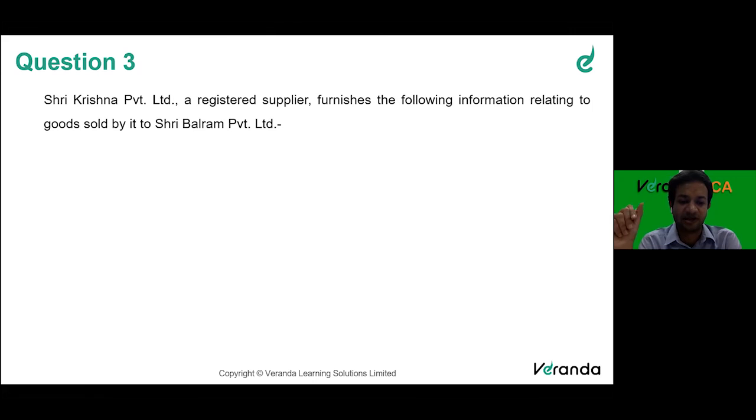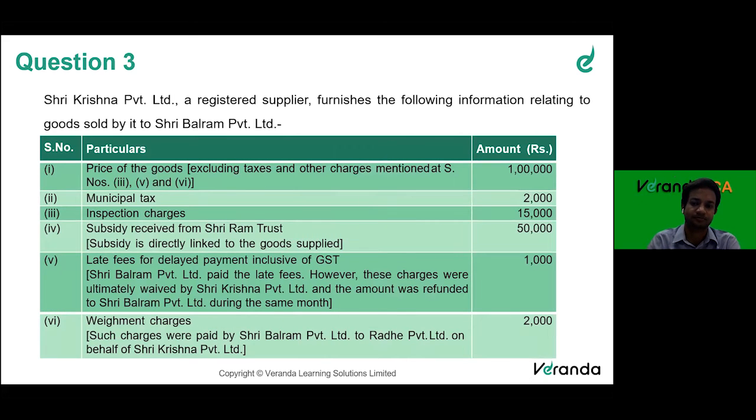Shri Krishna Private Limited, a registered supplier, furnishes the following information relating to goods sold by it to Shri Balram Private Limited. So supplier is Krishna, recipient is Balram. The price of the goods, excluding taxes and other charges mentioned at serial numbers 3, 5 and 6, is 1 lakh rupees.